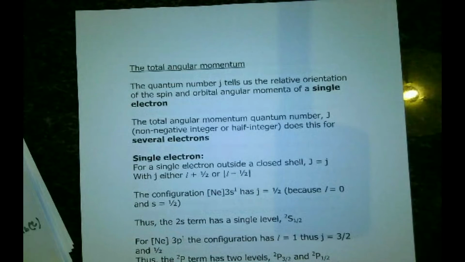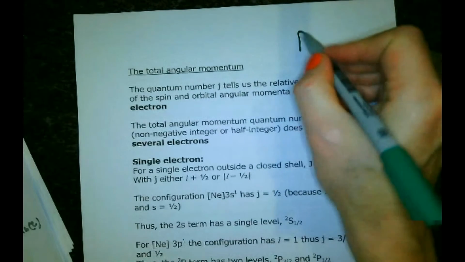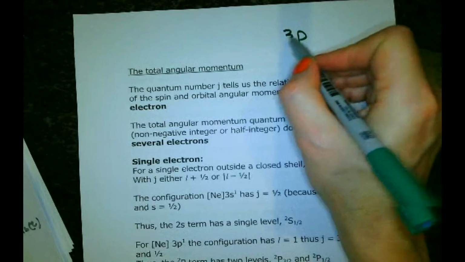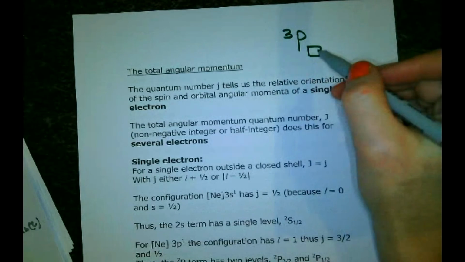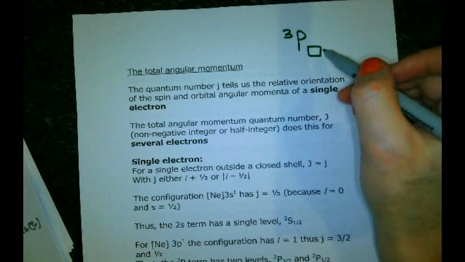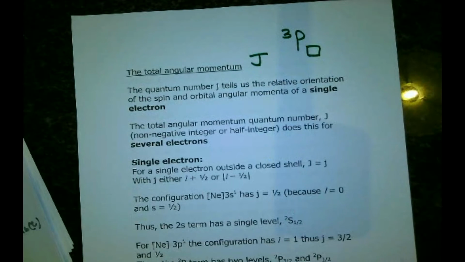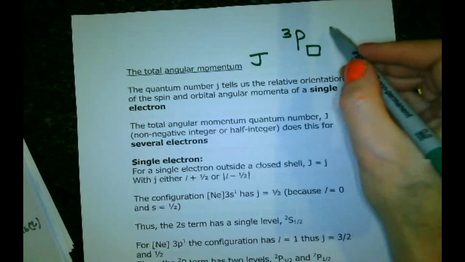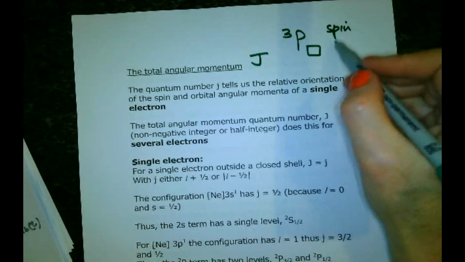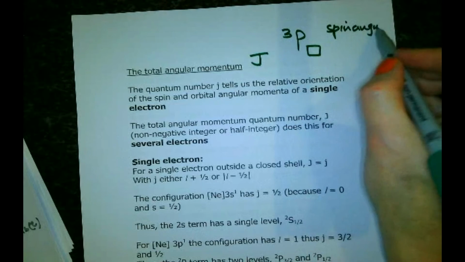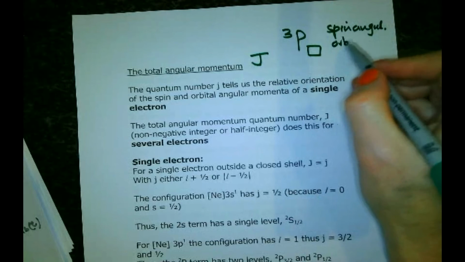Okay, now there's one more thing that we need to write the term symbol. We know how to get the symbol, the letter, we know how to get the multiplicity, and then the subscript on the right hand side of the symbol is the total angular momentum, given by the total angular momentum quantum number uppercase J. That is the combined effect of the spin angular momentum and the orbital angular momentum.